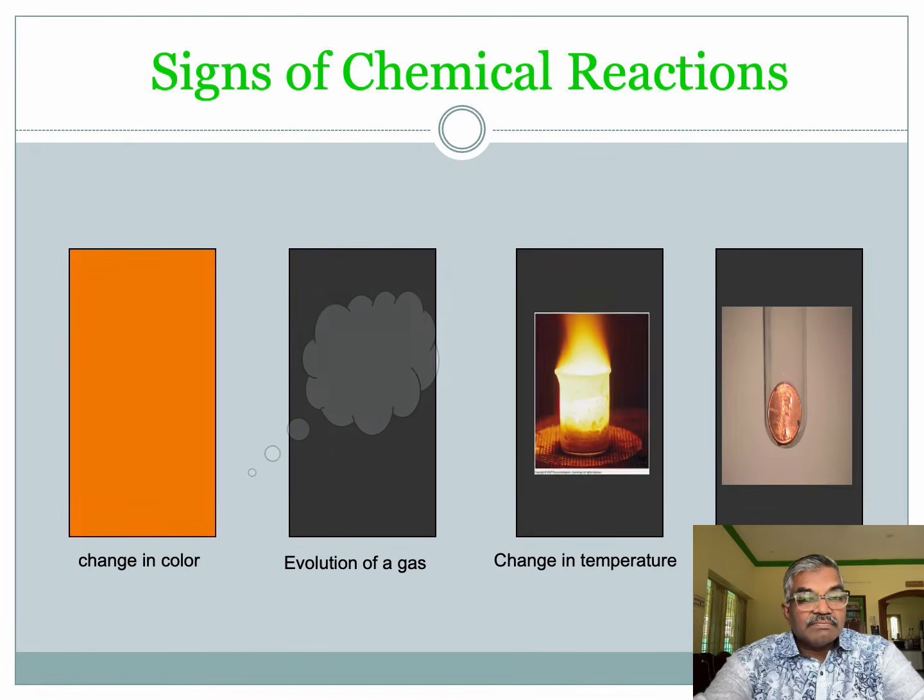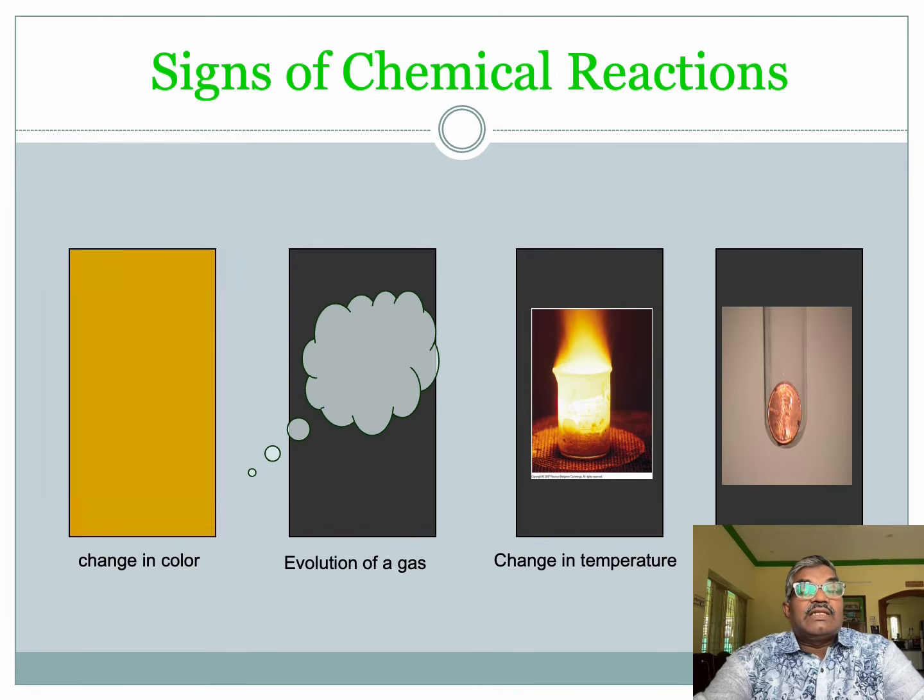So here you can see, suppose there is a change, there is a reaction. Is that a chemical reaction or not? How can you find out whether it's a chemical reaction or not? So you can see the slides. Suppose there is a reaction, and any one of the following four occurs in the reaction.